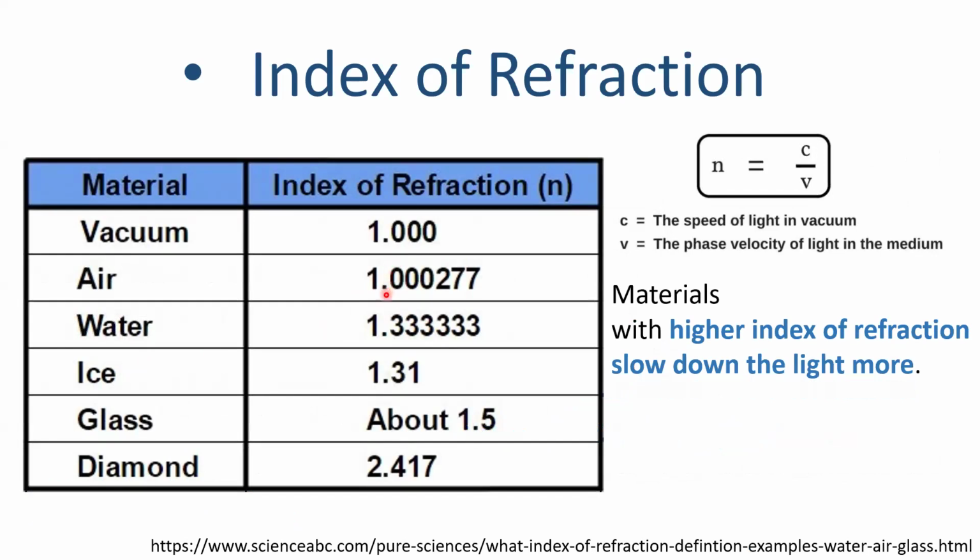When we pass through different mediums, that index is always going to be greater than 1.